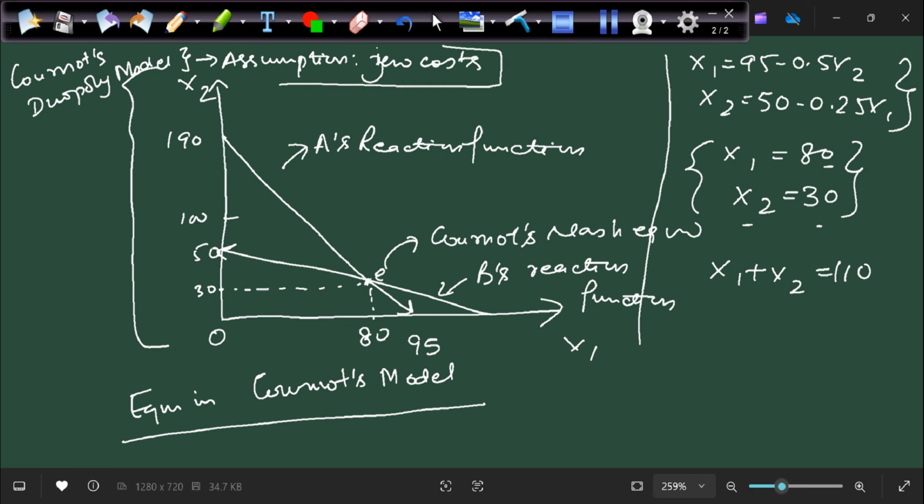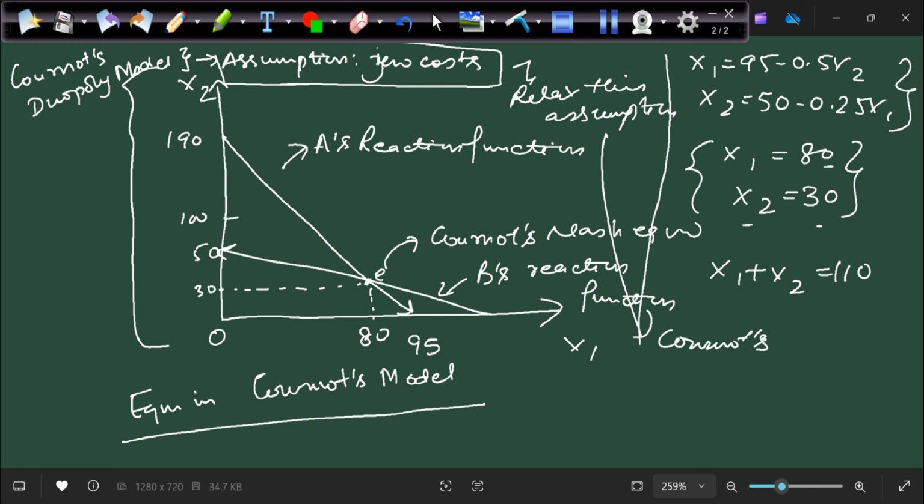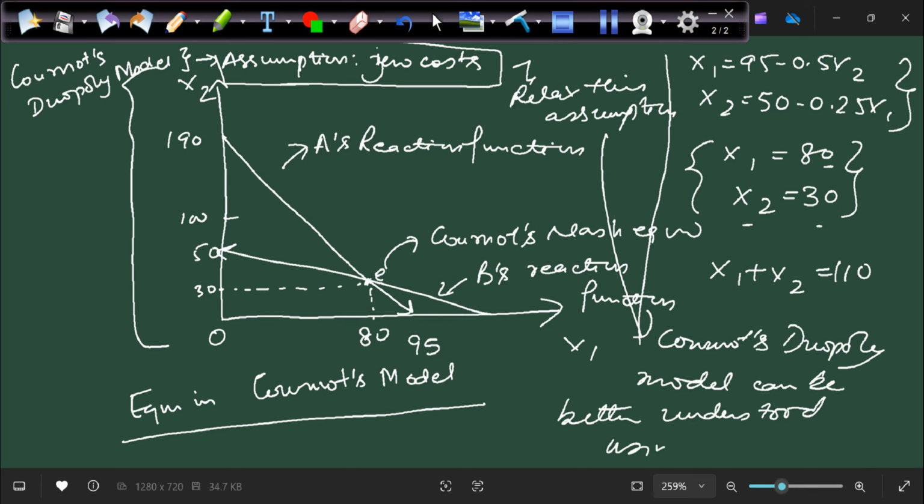This assumption is very unrealistic, and if we relax this assumption, Cournot's duopoly model can be better understood using reaction curves.